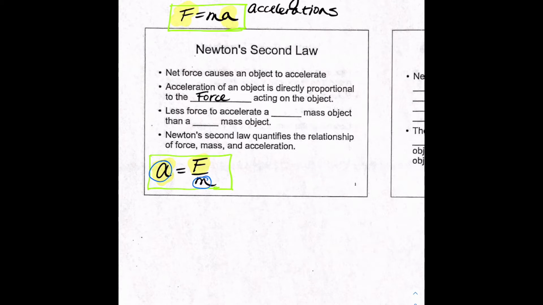As the mass gets larger, the acceleration is less. So it says up here, less force to accelerate a blank mass object than a... So it takes less force to accelerate a lower mass object than a greater mass object.